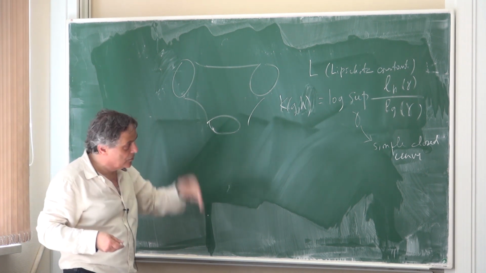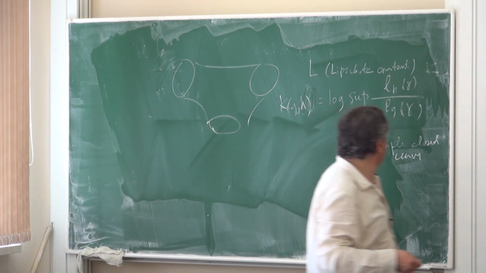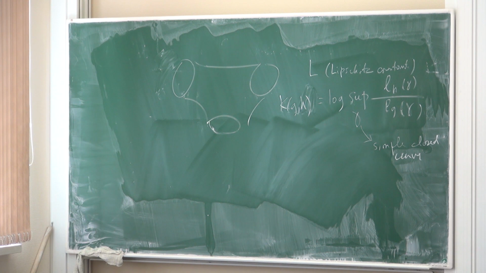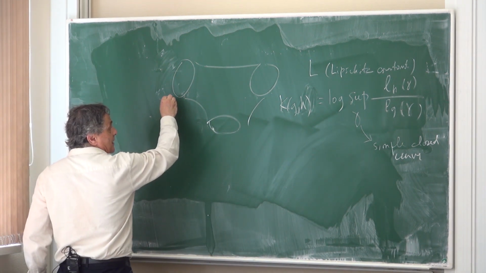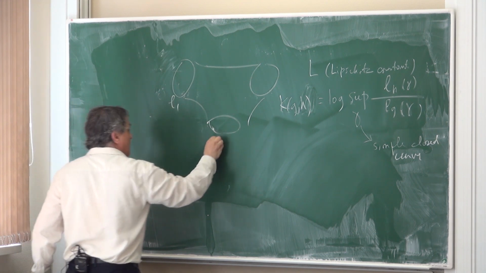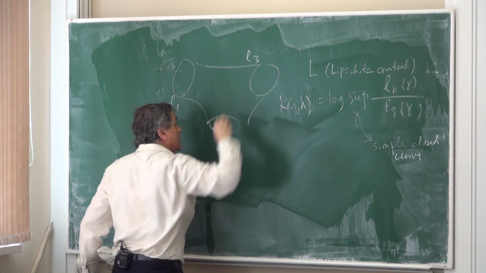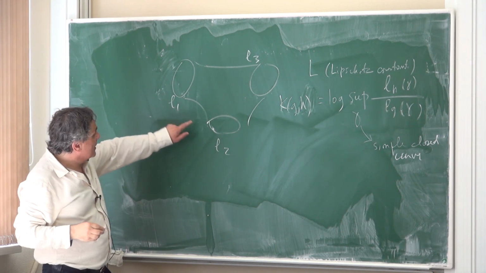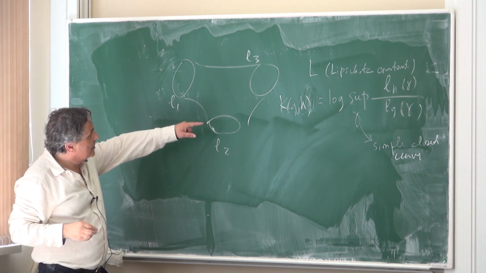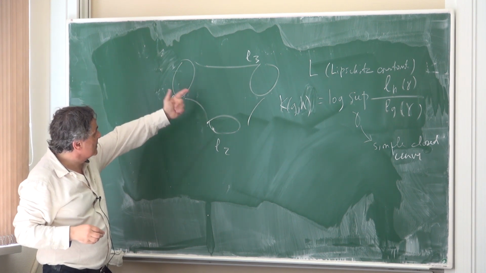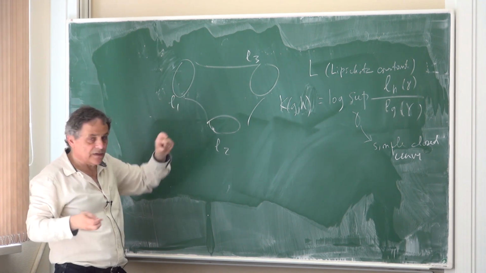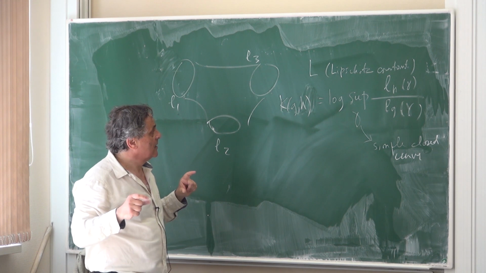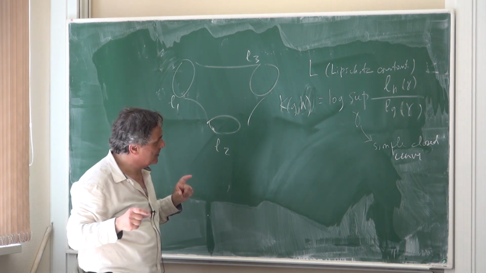So I better include the lengths of the boundary curves here. And you remember we said that L1, L2, L3 parameterize the geometry of this pair of pants, right? When I give you L1, L2, and L3, then I have a unique pair of pants up to isometry.